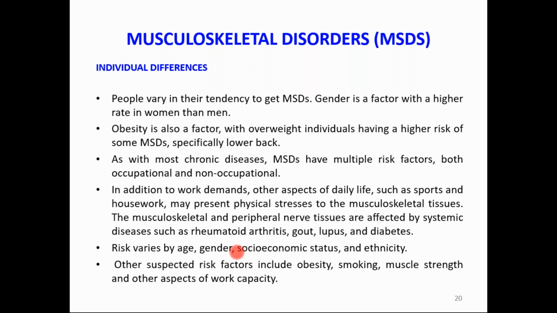So, depending on the condition of that person, these diseases may occur due to health issues. Risk varies by age, gender, socio-economic status, and ethnicity. Other suspected risk factors include obesity, smoking, muscle strength, and other aspects of work capacity.